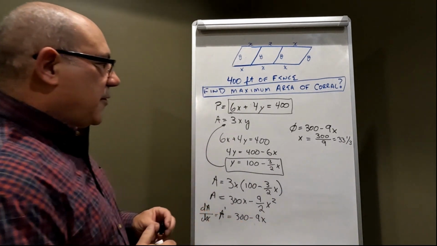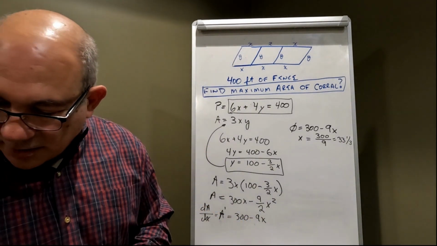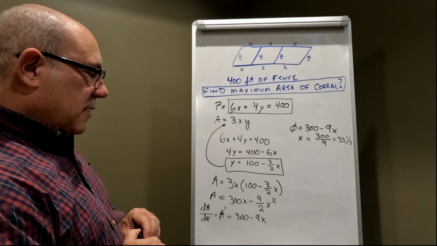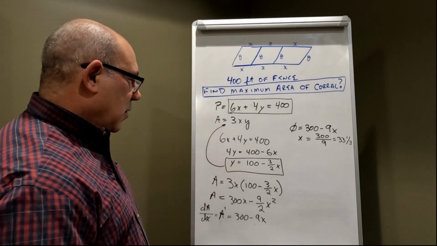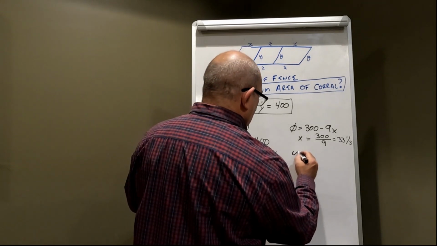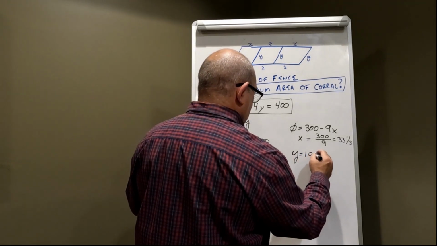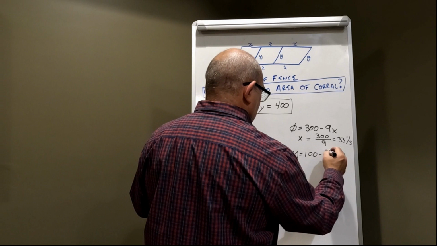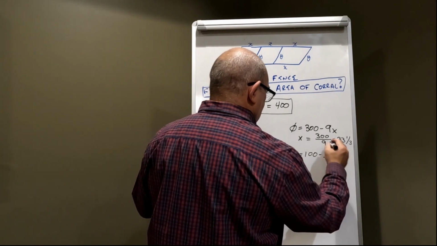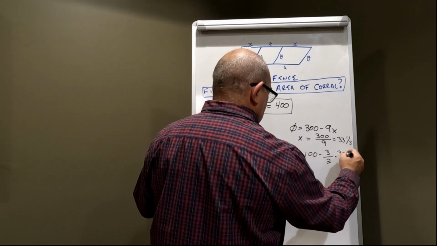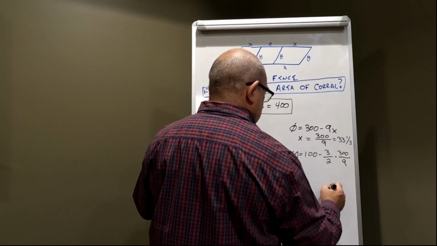Okay. So if x is 33 and 1/3, then we can now use this equation to find y. So then y will equal 100 minus 3 over 2 times, we'll call it 300 divided by 9.